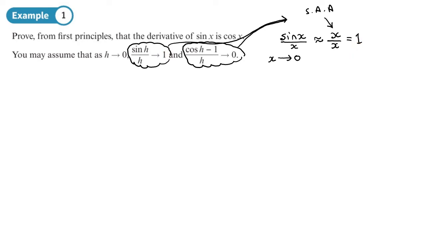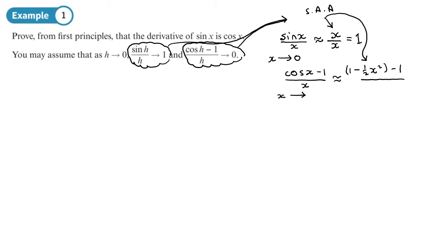So how about the cos x ones, or the cos h? So if I had cos x minus 1 over x, okay, so what happens as x tends to 0? Well, as x tends to 0, I can use the small angle approximation for cos x, and that's going to be 1 minus half x squared. Okay, so this bit here is the small angle approximation, minus 1 over x. Now, what does that equal?